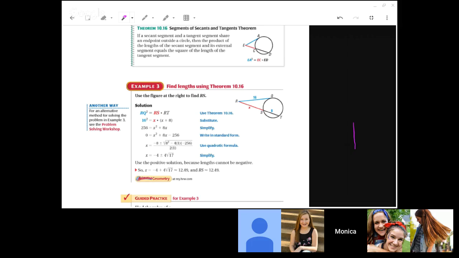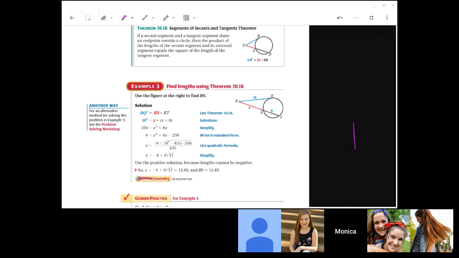So the secant touches the circle at 2 points. So it has kind of two parts. On this picture for theorem 10.16, that bottom part is the secant, right? Where EC is your outside part and CD is the part that's inside the circle, where the whole length of that secant is ED, okay?